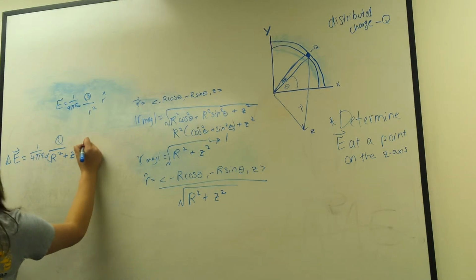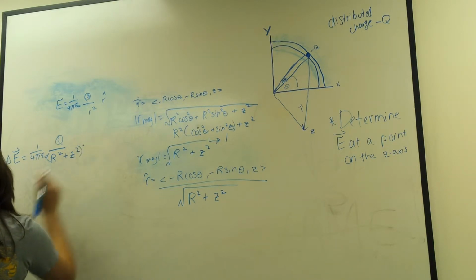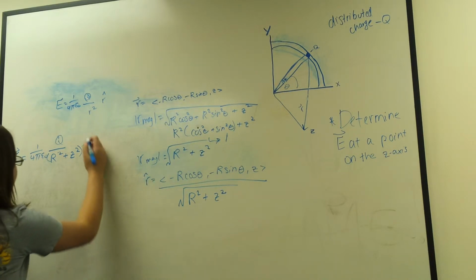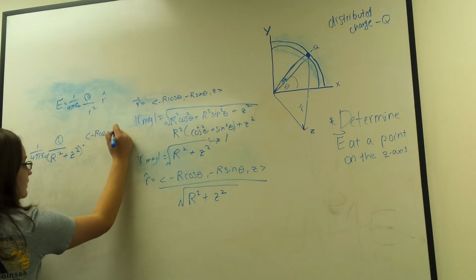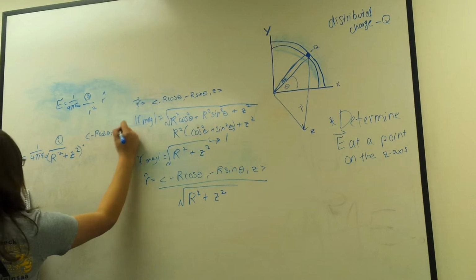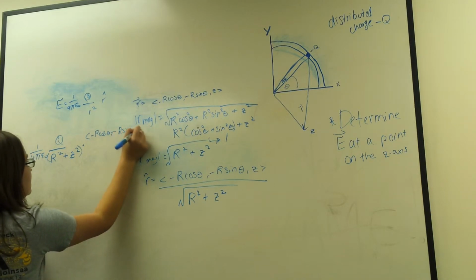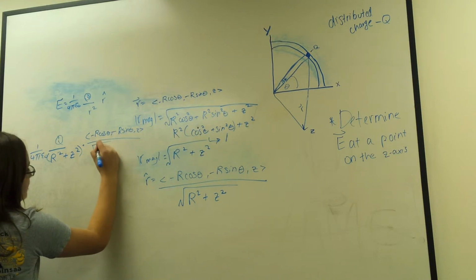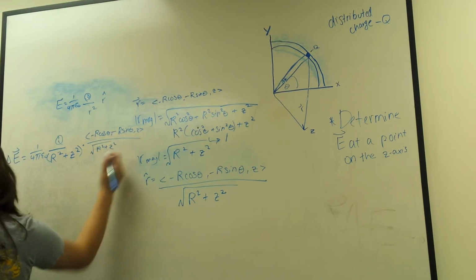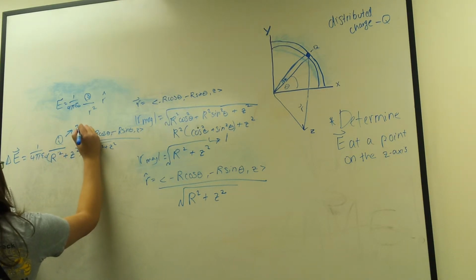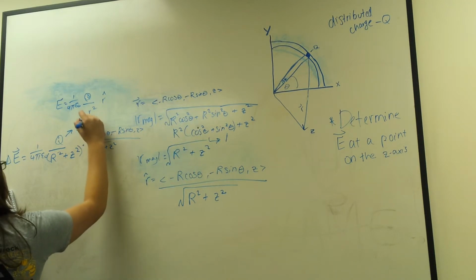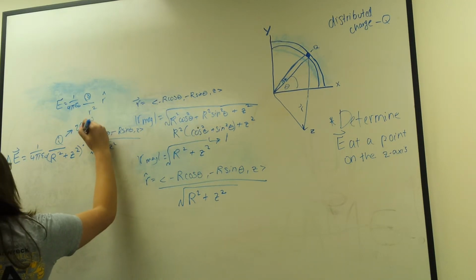And then finally times our R hat, which is negative R cosine theta, negative R sine theta, Z over the square root of R squared plus Z squared. We're going to do a little bit of simplifying here. We have to plug in Q, which we calculated in part B to be negative 2Q delta theta over pi.